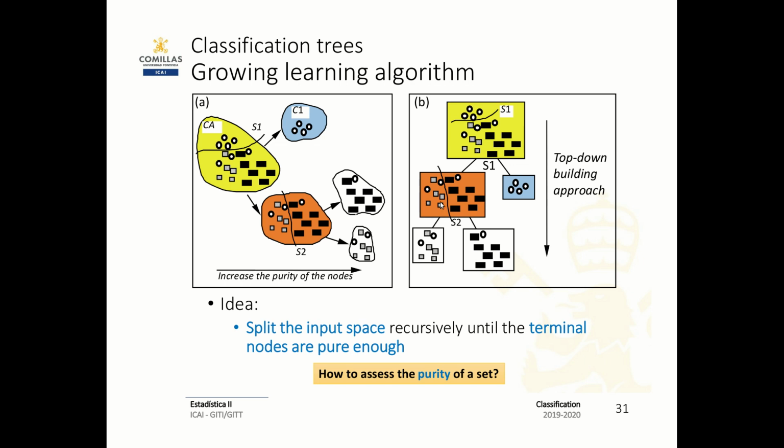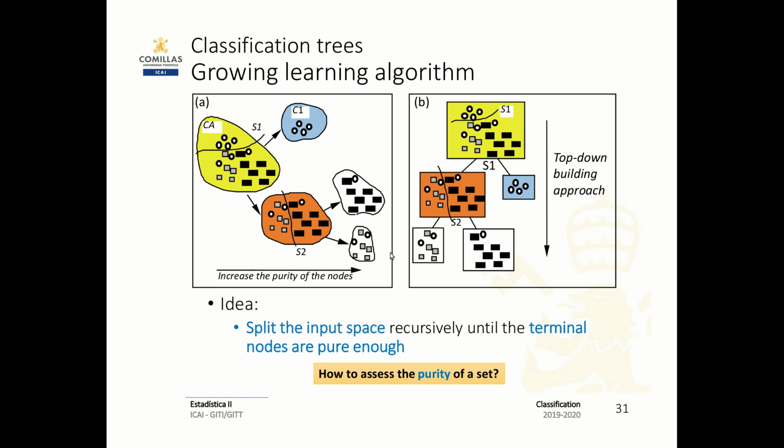We have to devise an algorithm that partitions the space into different pieces. So we start with all the samples, and then we split this set into two parts. One is already pure, the other one is not pure, and then we can further split them and take decisions at every node.